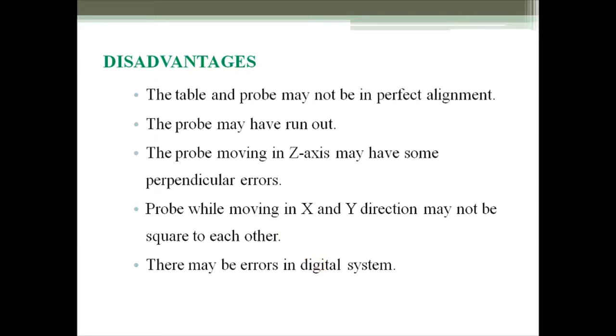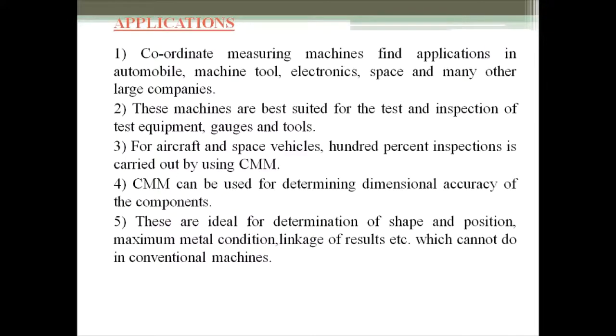Now let us see the applications of CMM machine. The coordinate measuring machine, that is the CMM machine, is used in various applications like automobile, machine tool, electronics, space, and many other large companies. These are best suited for the test and inspection of test equipment, gauges, and tools.